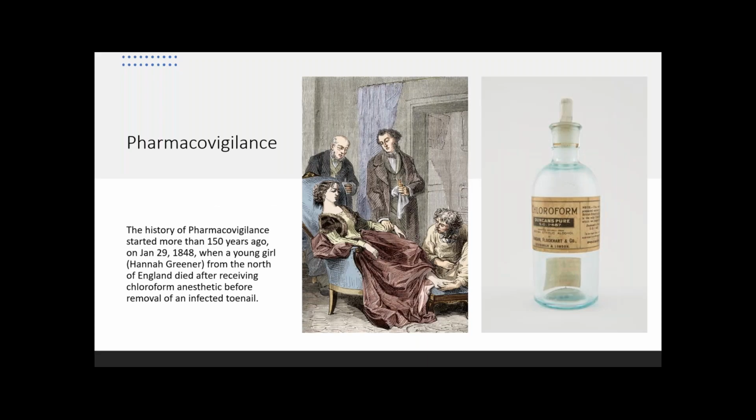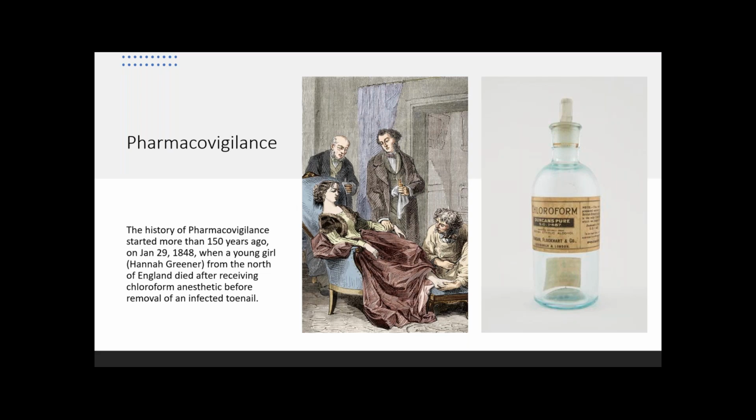150 years ago, there was a lady just 15 years old who required an apparently safe surgical intervention on one of her toenails. At that time, doctors used a new drug class, anesthetics like ether or chloroform.